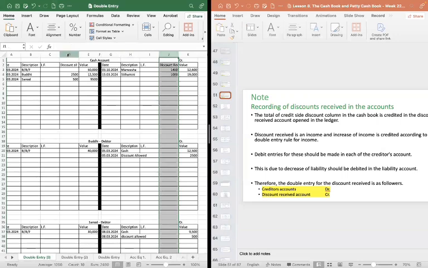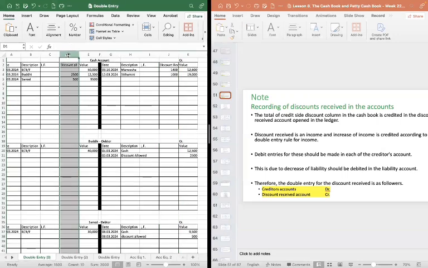So earlier in the classes we also discussed that mere recording these values in the discounts allowed or discounts received columns does not meet the requirement of passing at least a single entry out of the double entry. Right? So we have not yet passed the double entry.